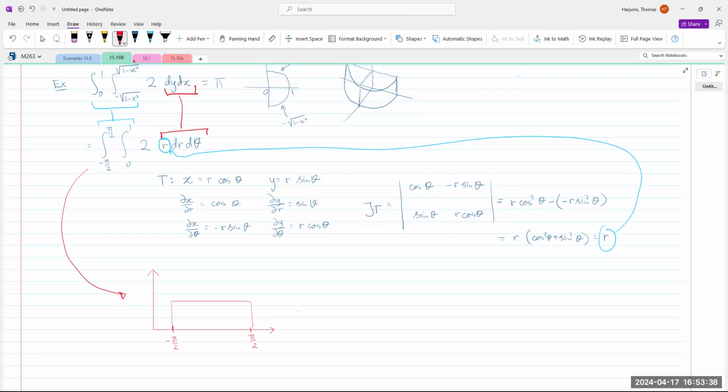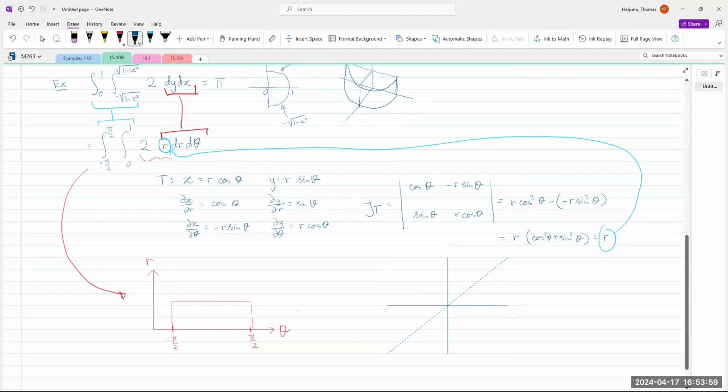The thickness, the density, however, is 2r. In other words, if I draw it in 3 dimensions, it's not easy to draw though.